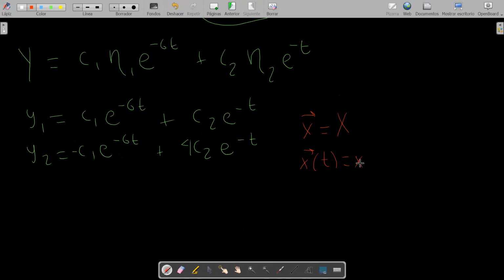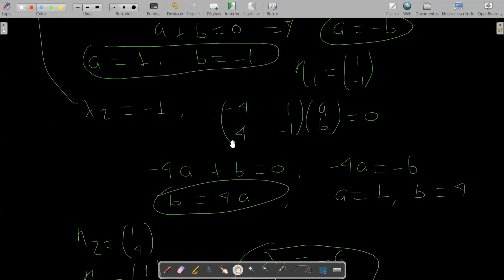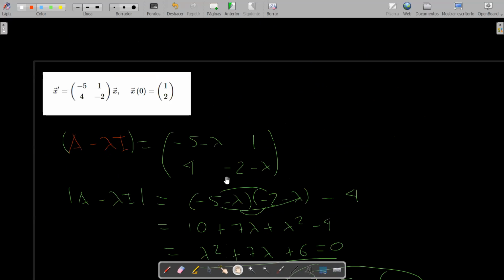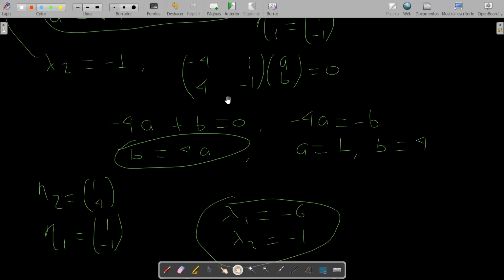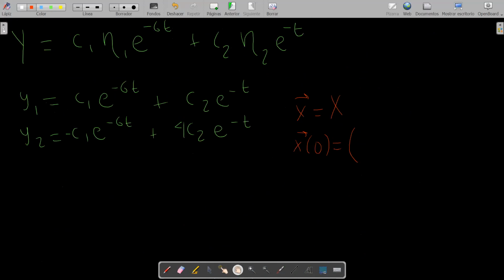So using this notation, the vector depends on time, right? But for t equal to 0, the given vector is, oh, I forgot, 1 and 2. All the solutions are called X, not Y. My mistake over here.